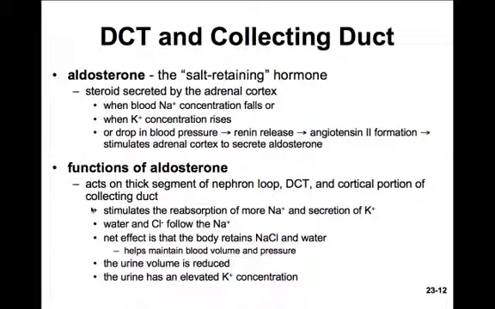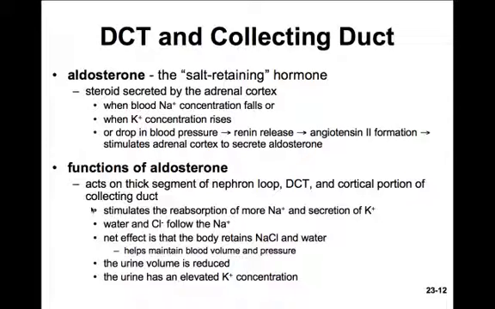When blood sodium concentration falls or potassium concentration rises, aldosterone will be signaled to be released from the adrenal cortex. Another thing that might influence aldosterone secretion is a drop in blood pressure, but this influence is indirect. The drop in blood pressure causes renin release from the kidneys, which causes the formation of angiotensin II, and angiotensin II stimulates the adrenal cortex to secrete aldosterone.